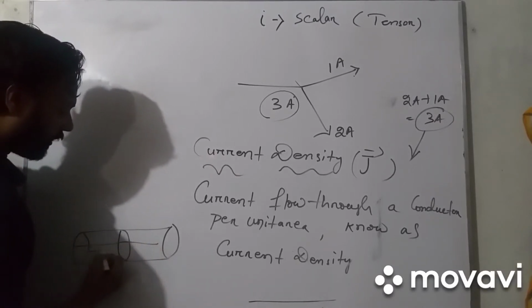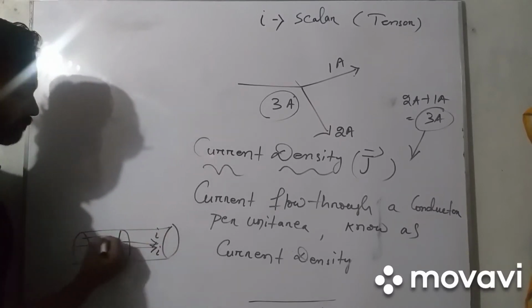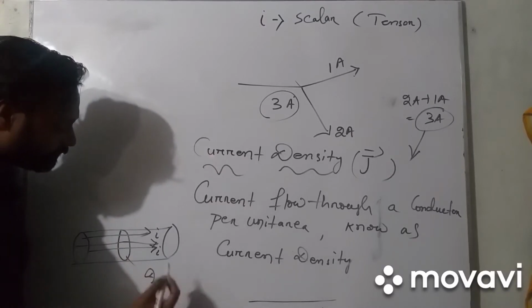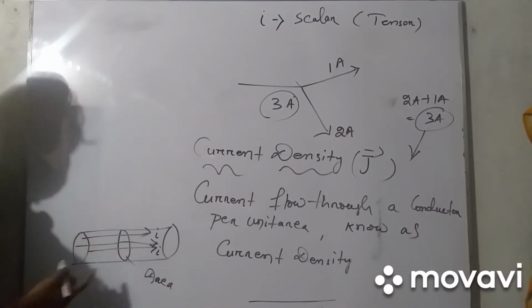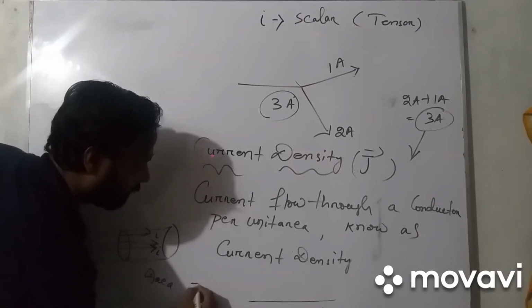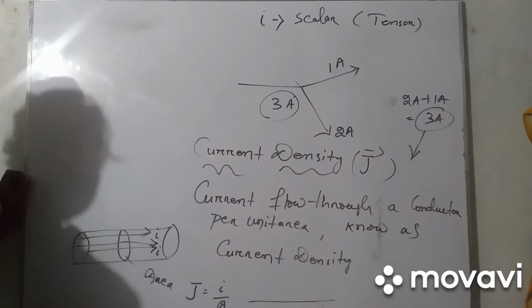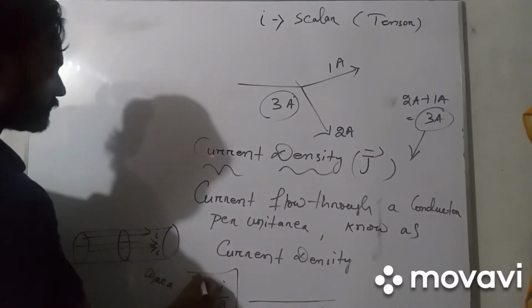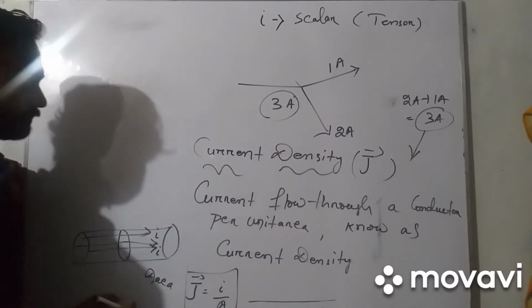This is the current, that is I. This is the area, and this is the direction of current. That's why J vector equals I by A. Okay, so J equals what? I by A. Clear?